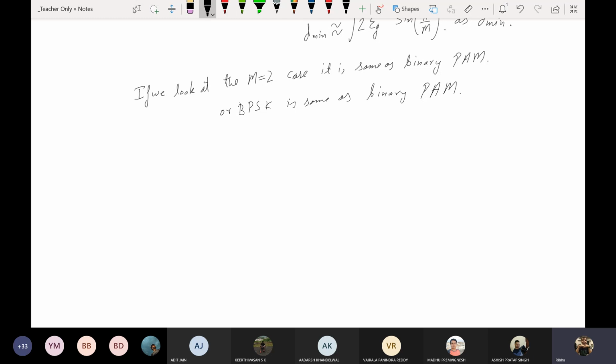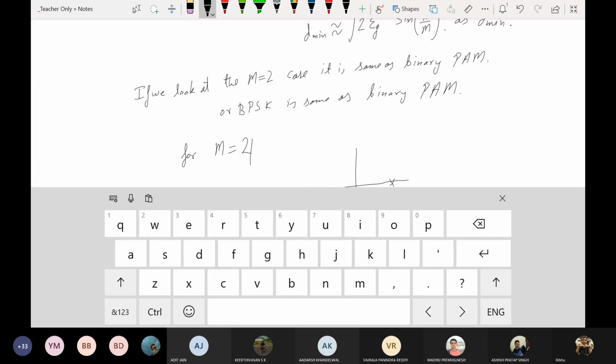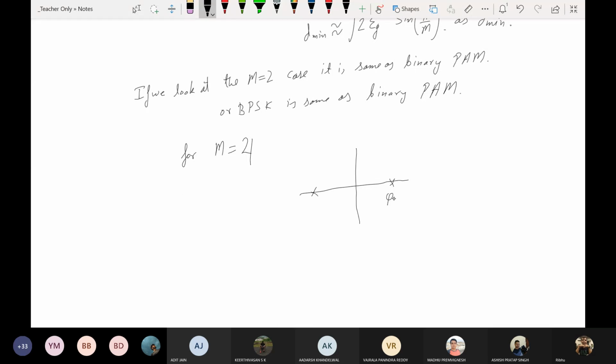But at the same time, for m equal to 4, what we see is that this is the m equal to 4 case.